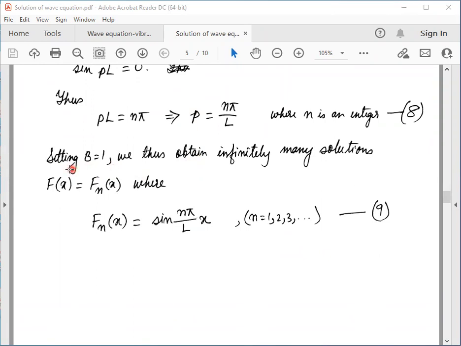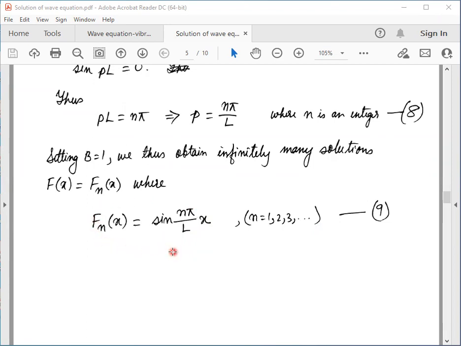For simplicity, we can set b equal to 1, and we obtain infinitely many solutions given by f of x equal to fn of x, where fn of x is sine n pi x by L, where n can take values 1, 2, 3 and so on till infinity. For different values of n, we get different solutions.